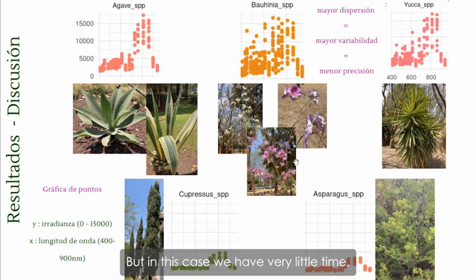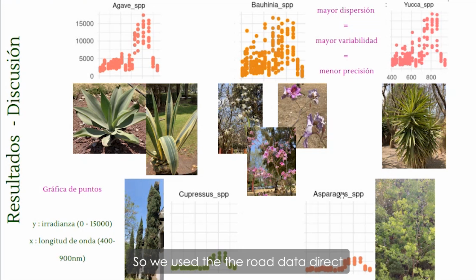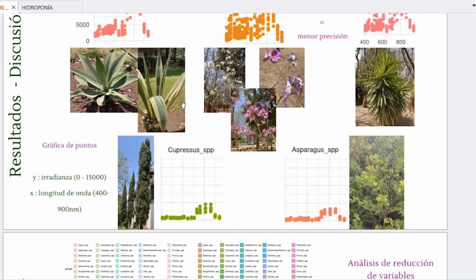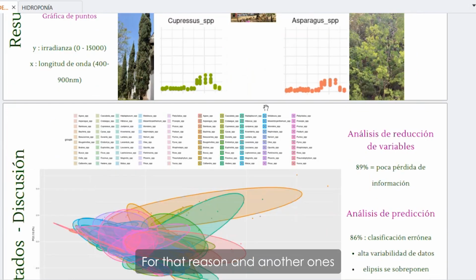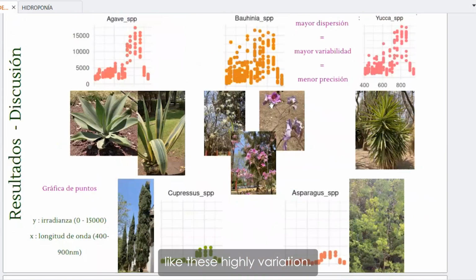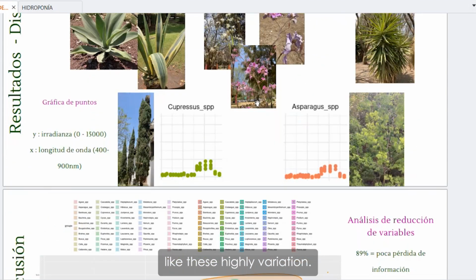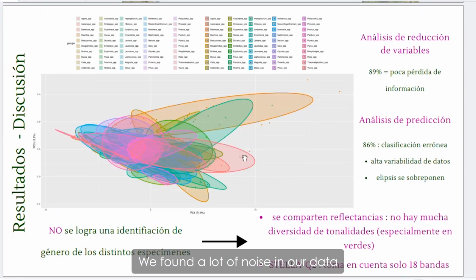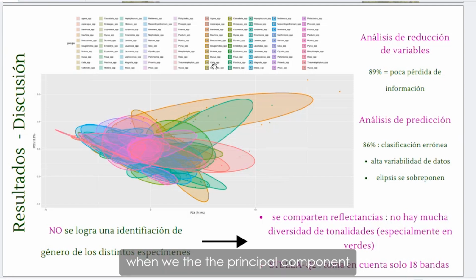But in this case, we have very little time. The semester was ending, so we used the raw data direct from the Stella Q2. For that reason, and another ones like this highly variation, we found a lot of noise in our data when we did the principal component analysis.